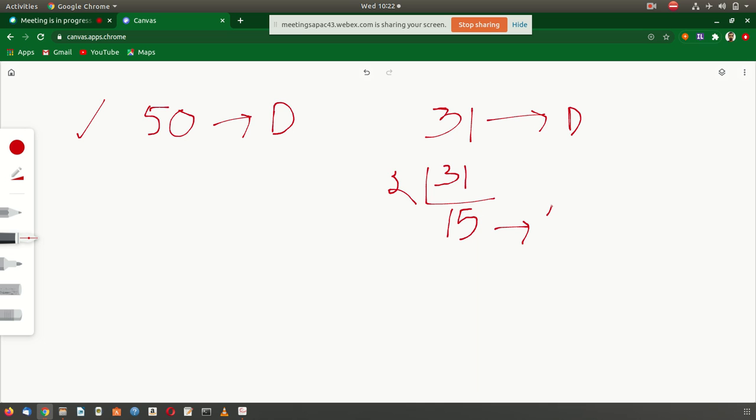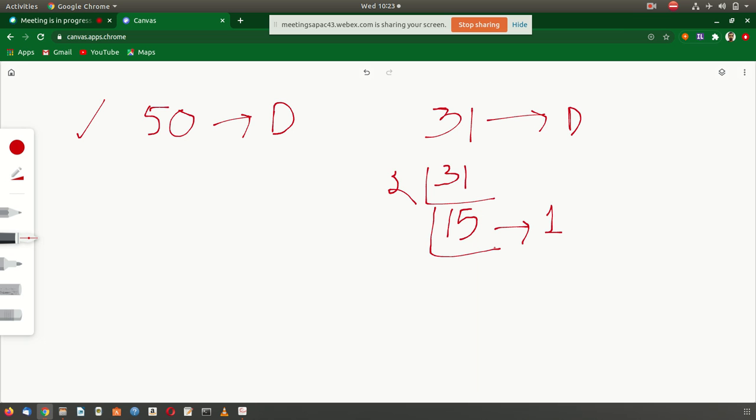So what is left over? 1 is the leftover, because we cannot divide 31 by 2. We have a target of 31, but the nearest we can go is 30, so 1 is the leftover.